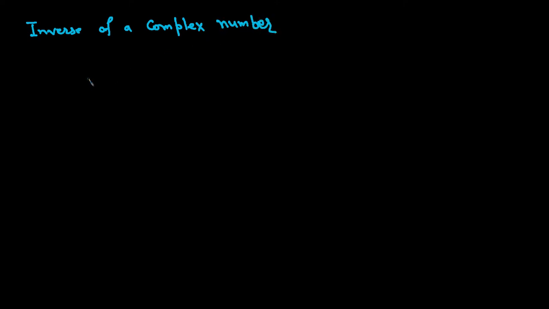So, inverse of a complex number. If the product of two non-zero complex numbers is 1, let's say you've got one complex number z1 and the other one is z2, and the product of these two numbers is equal to 1, then each one is the multiplicative inverse of the other.